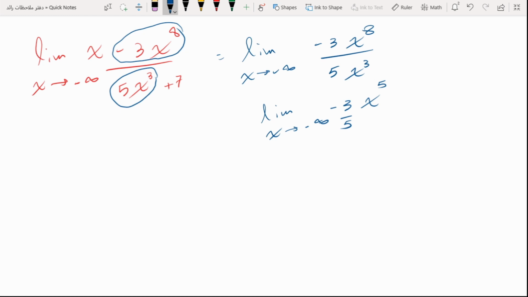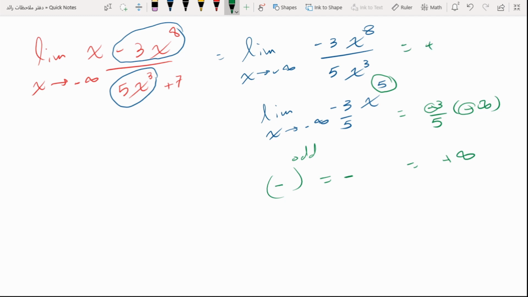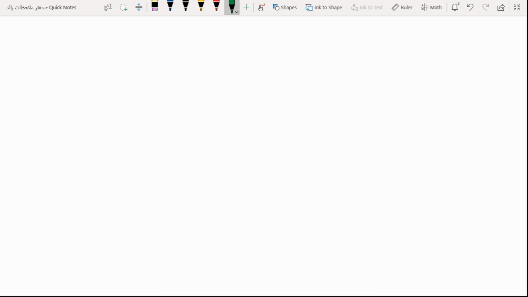Now, I have an odd exponent, negative to the power of odd still negative, so that the answer will be negative 3 over 5 times negative infinity, and because we have negative it will be positive infinity. So the answer of this is positive infinity. Be careful. طيب, we will go to the second case.